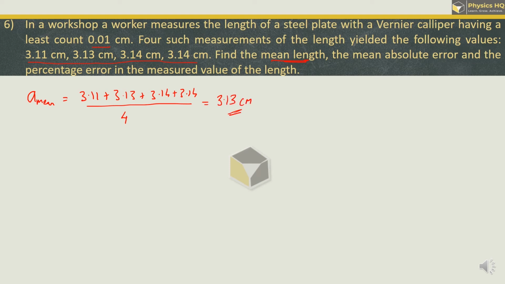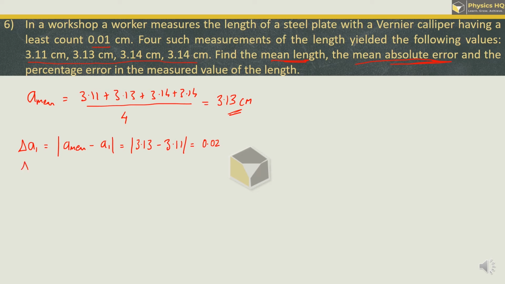Next, they've asked for the mean absolute error. To find the mean absolute error, first of all, we'll find out the absolute errors. The absolute error in the first reading is given by the formula mean value minus the first reading. The mean value is 3.13 minus 3.11, which is equal to 0.02.